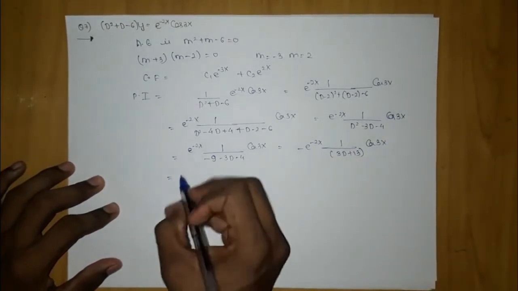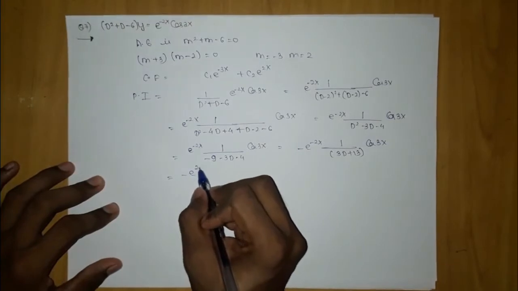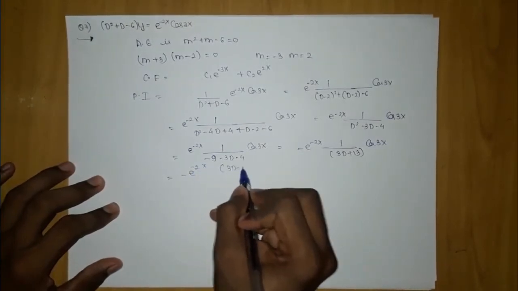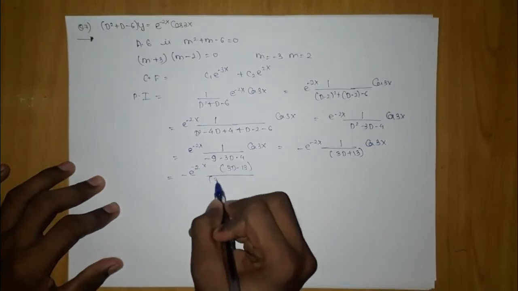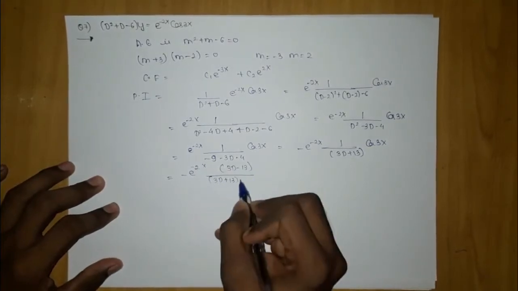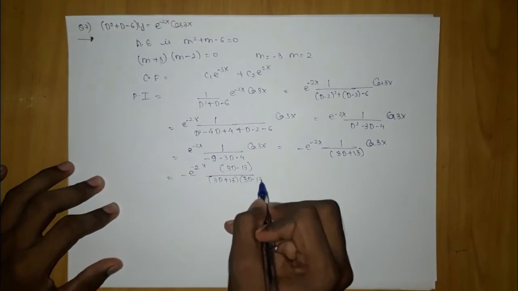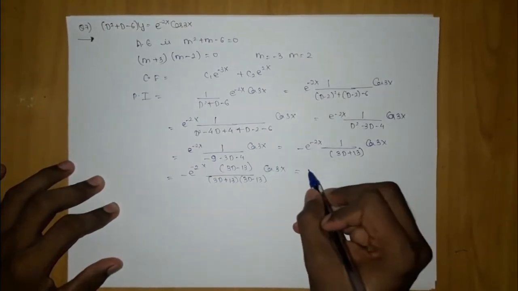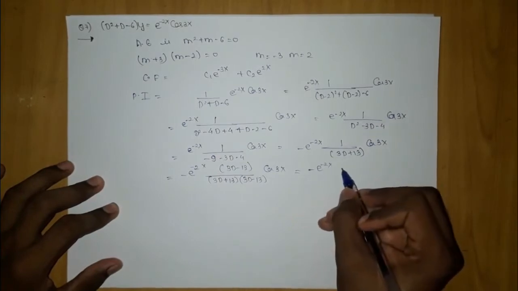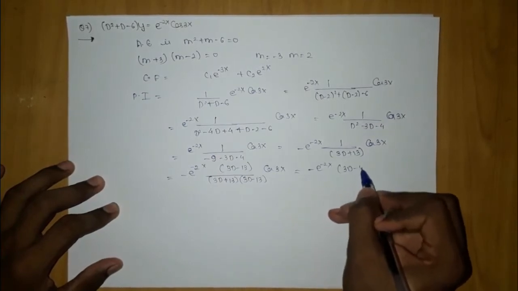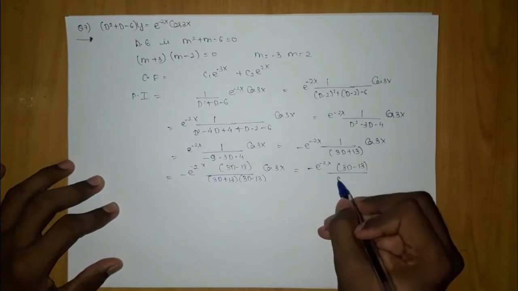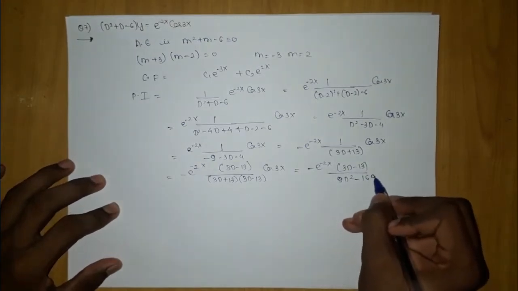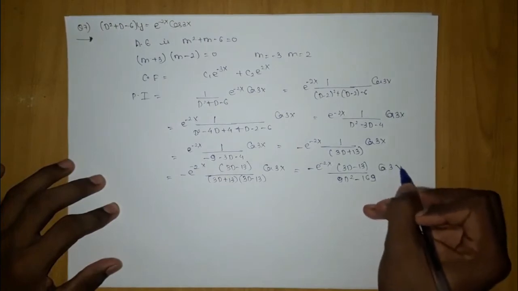We will rationalize this: minus e to the power minus 2x, 3D minus 13 the whole upon (3D plus 13)(3D minus 13), into cos 3x. If we simplify it further, we are getting minus e to the power minus 2x (3D minus 13), here it will be 9D square, and here minus 169, into cos 3x.